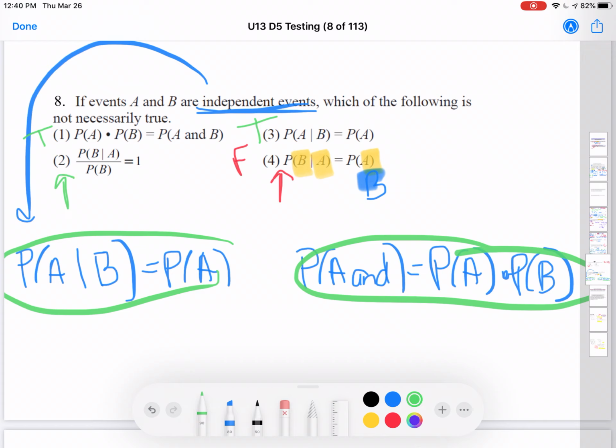Why is number 2 true? Well, you know we've been doing this all year, right? Put this over 1 and cross multiply. I get the probability of B given A is equal to the probability of B. So this guy is definitely true. So the only thing that's false would be choice 4.